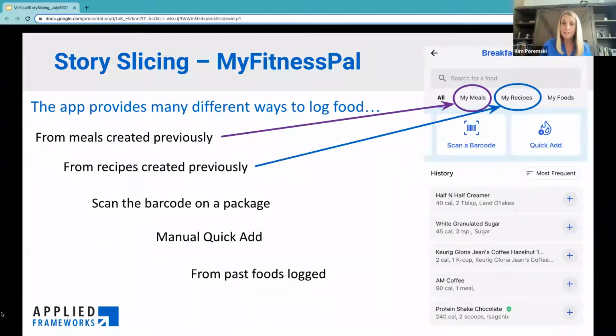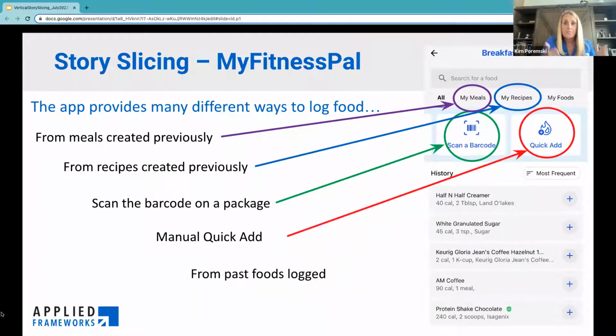I might put in a recipe. So, 2 cups of flour, 4 cups of sugar, whatever, and then it'll add all that together and figure out the carbs and the protein and everything. I can take a package and just scan the barcode and it'll fill the information in for me. I can manually add the food. And when I've added food in the past, it keeps a history of what I've previously logged, so I can just quickly add from my history.